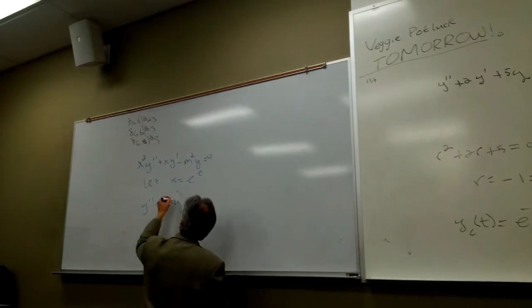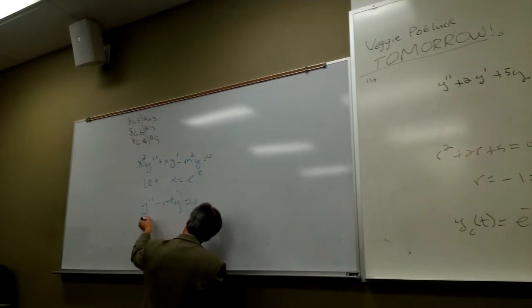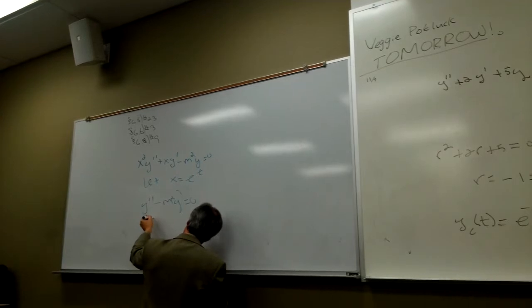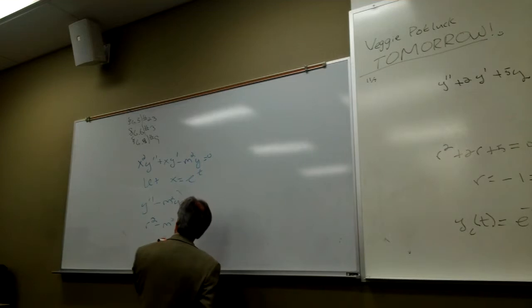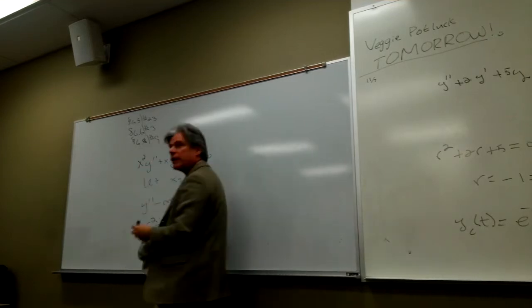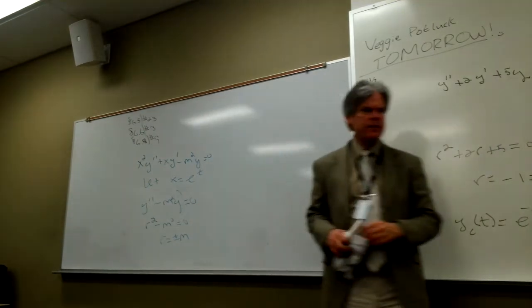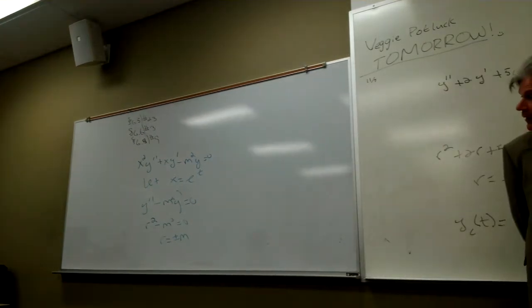But what's the corresponding characteristic equation? r squared minus m squared equals 0, which means r is equal to plus or minus m. Assuming m is a positive value, standing for mass, I assume, then I think what I have are 2 distinct root solutions.